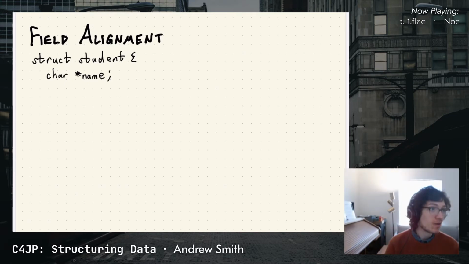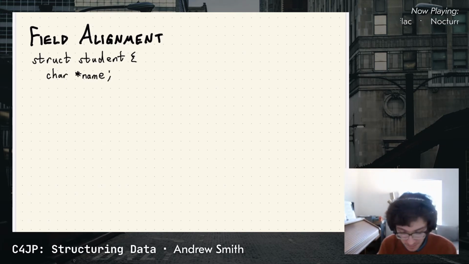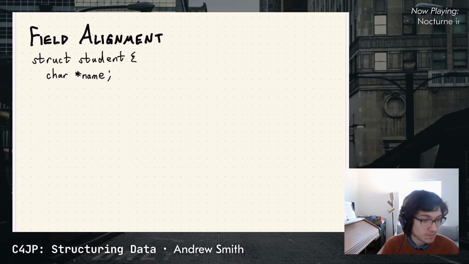Now, the size of our char pointer, right, the size of this pointer is 8. If we do sizeof pointer, then we're going to get 8 bytes on our x86-64 Linux machine, which is the machine that we're going to assume we're working with for this part of the lesson. So yeah, char pointer to name.